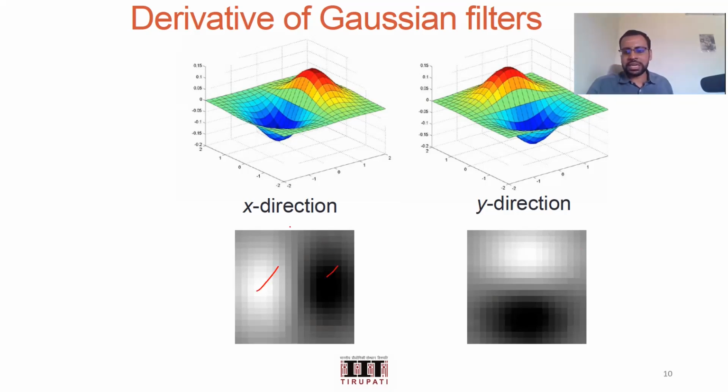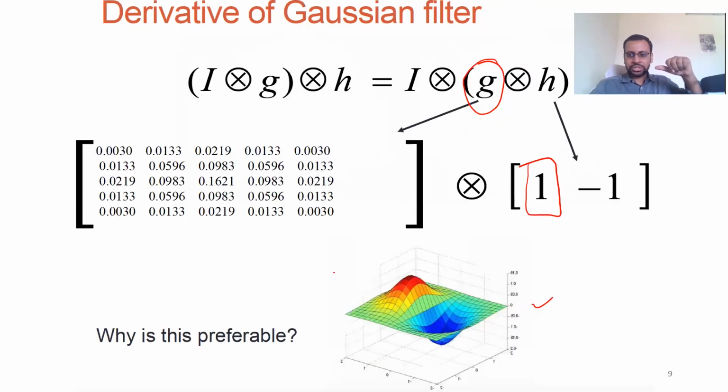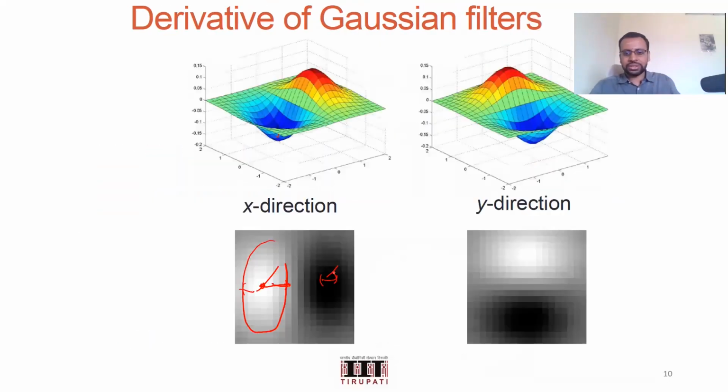Essentially, f of x plus 1 comma y minus f of x comma y, if you are doing that, you would see a Gaussian here with the center having maximum value and gradually reducing. Now it is done with a negative sign, thanks to the minus 1 there, so the Gaussian gets multiplied accordingly.